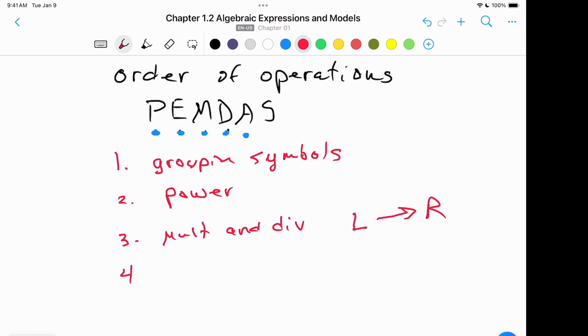Same thing with addition and subtraction, going left to right as well, and that's the order of operations.